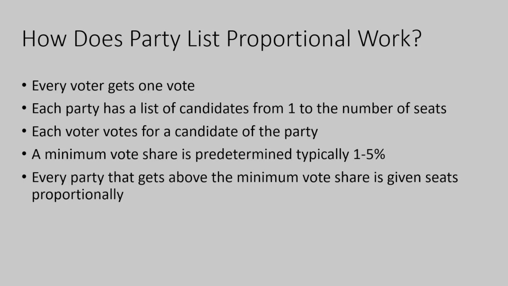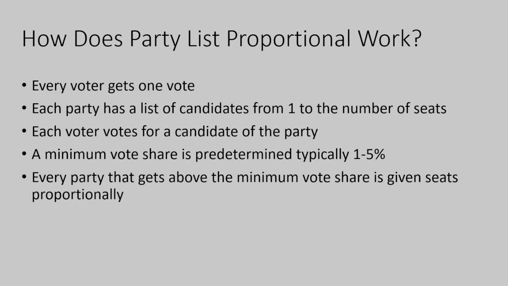Now, some systems have it so that the party will list all their candidates in their preferred order, and if they get above a certain threshold, they'll move up the list. Depends on the system. There's a huge variety in open list systems, but the general idea is voters can vote for a candidate of the party, and that increases their rank.